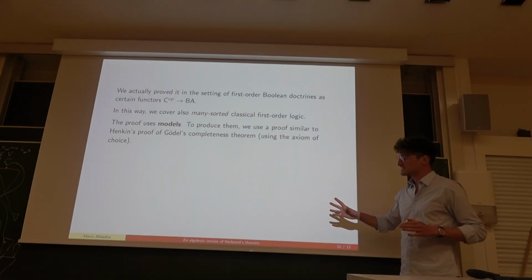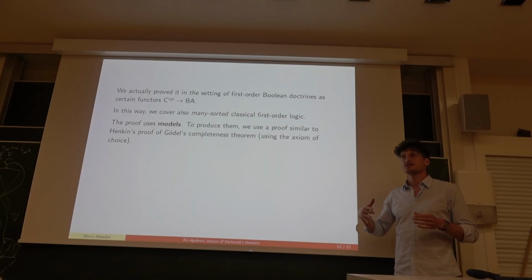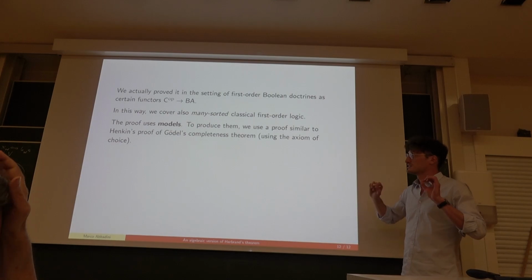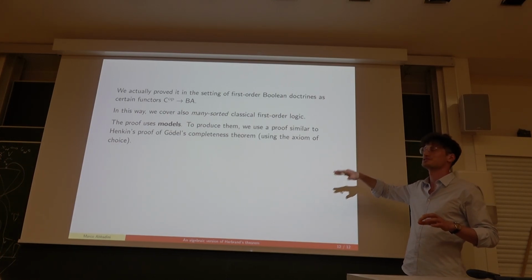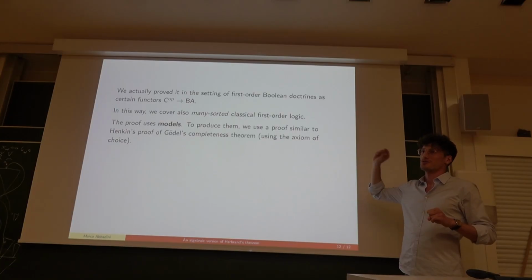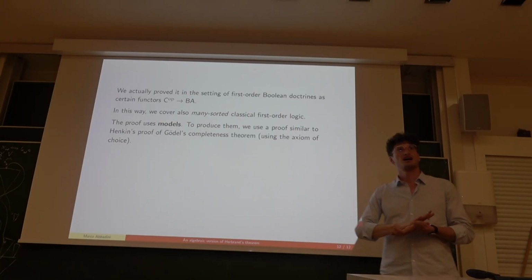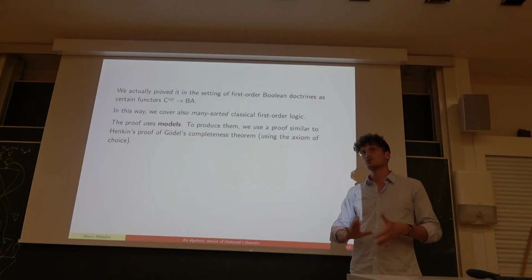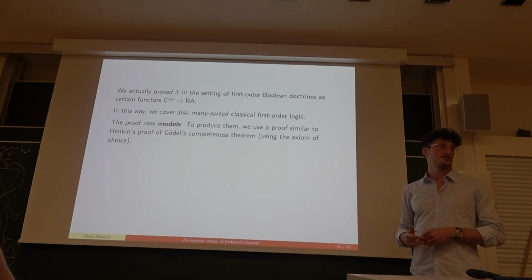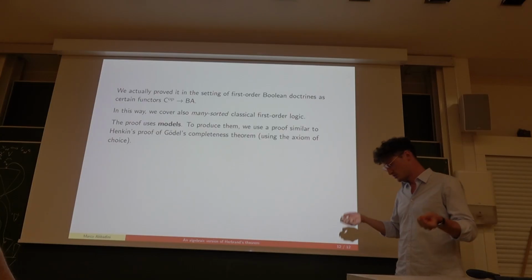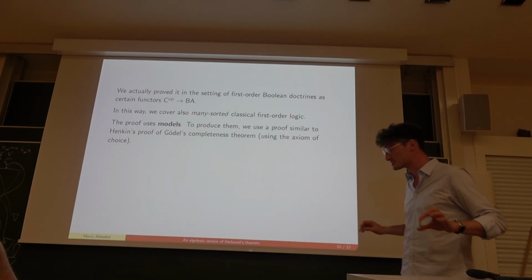Okay, and although I phrased it in a certain way in this talk, actually we proved it in the setting of first order Boolean doctrines defined as certain functors from the opposite of a category with finite products to the category of Boolean algebras, and this is a nice way to also prove the same for many sorted classical first order logic without too much denotational complications.